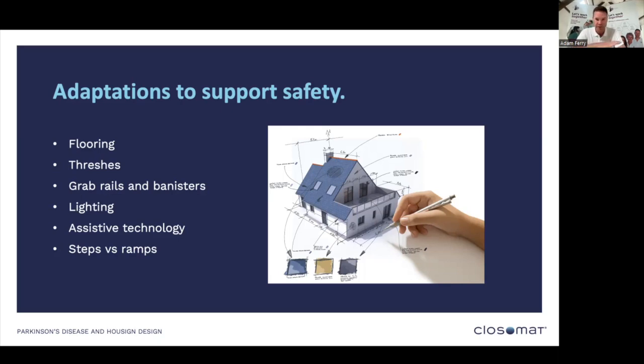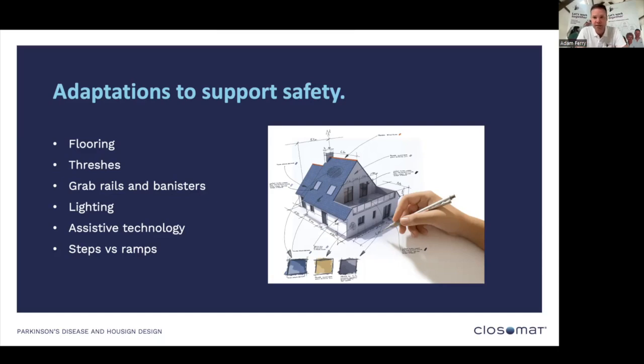Ideally, you want flooring that flows through that floor, minimizing the thresholds and maximizing the chances that that person will not see anything that isn't there from a perceptual perspective. So it'll encourage flow and gait.